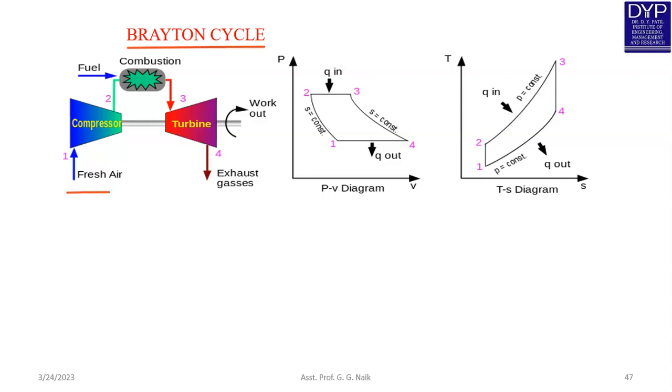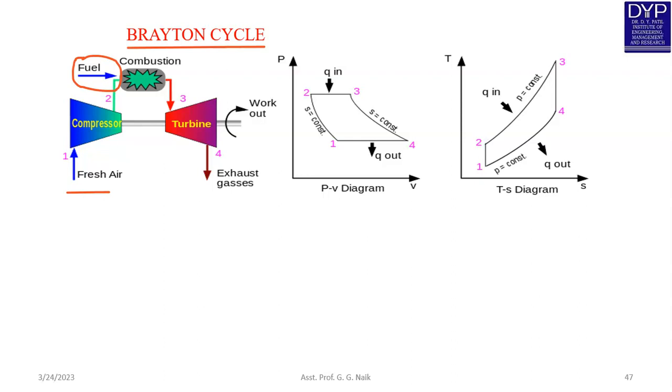So what is happening in this open cycle? Fresh air is coming from the atmosphere, which is entering into the compressor. From this compressor, it gets compressed to high pressure, and from that it enters the combustion chamber, and here the combustion takes place. Here fuel is entering into this particular process.